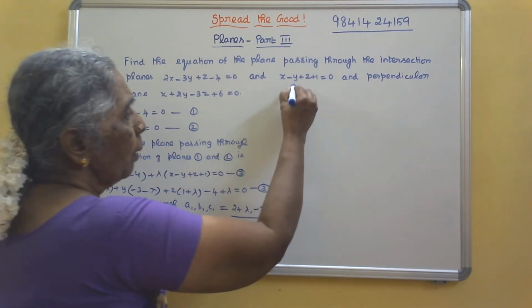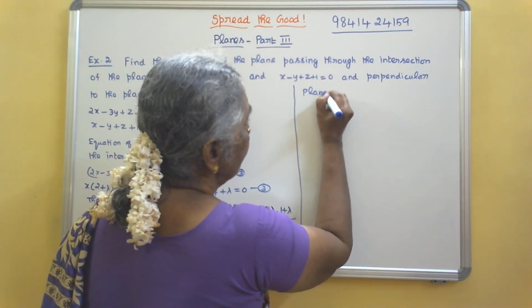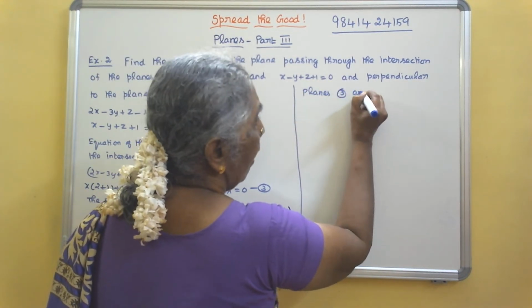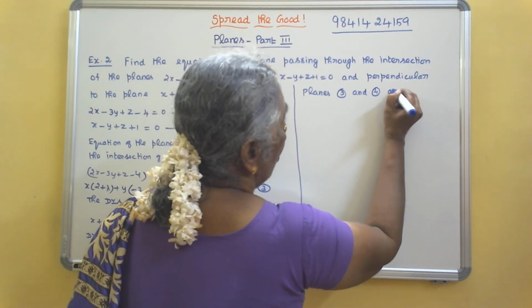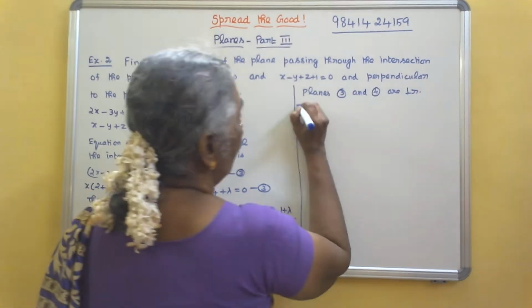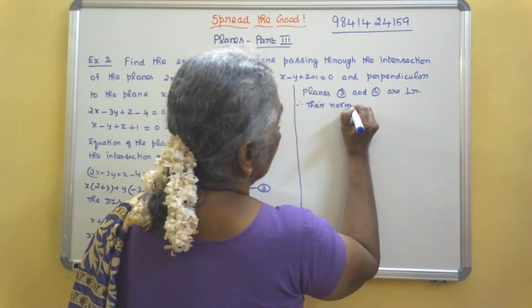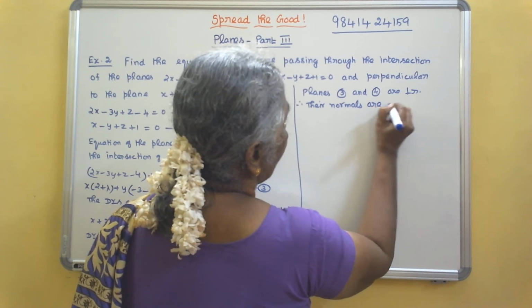Now you know planes 3 and 4 are perpendicular, isn't it? Planes 3 and 4 are perpendicular, they have given. Therefore, their normals are perpendicular.